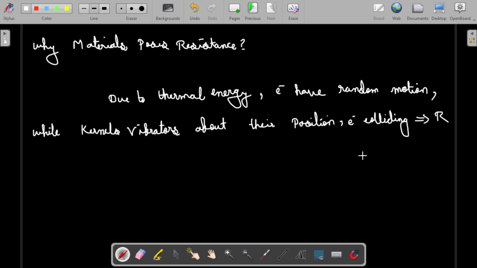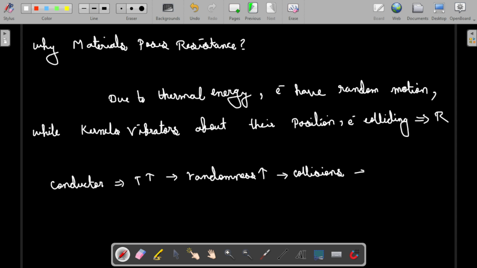So in a conductor, if the temperature is increased, the randomness will increase. Because the randomness increases, the collisions will increase.